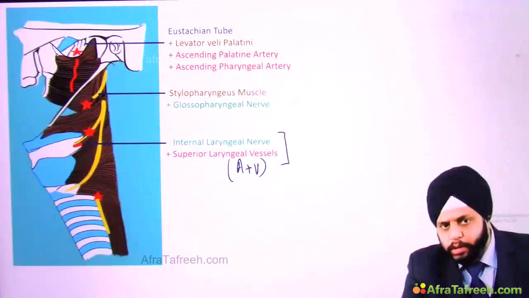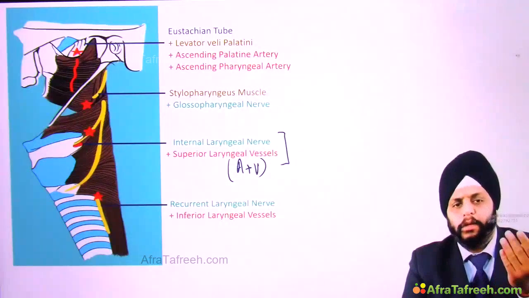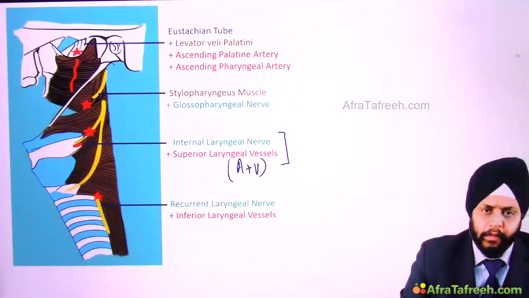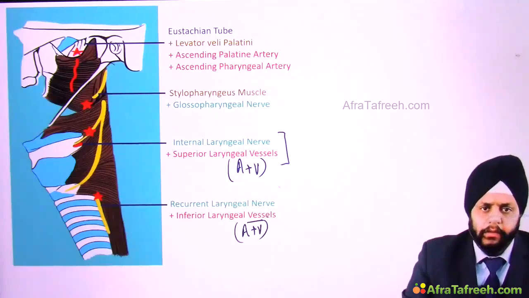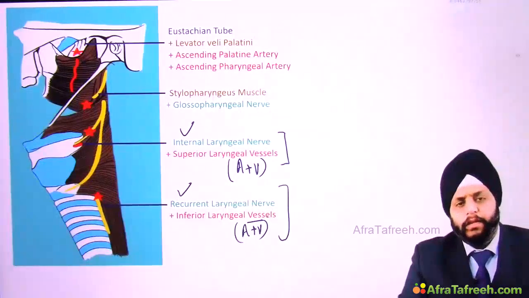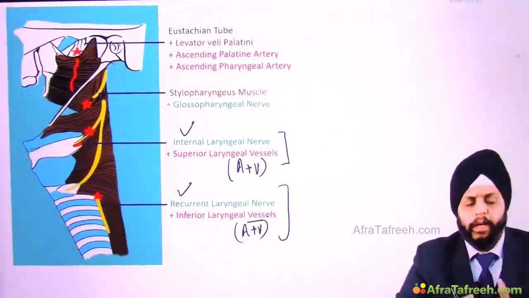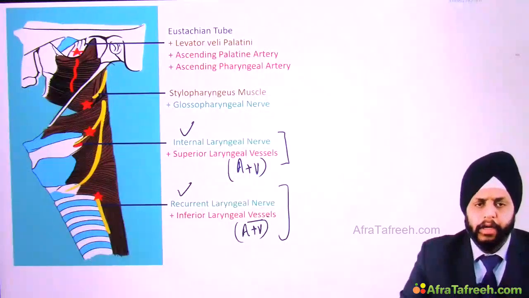And below the inferior constrictor, you can see over here that a structure is coming from below, that is the recurrent laryngeal nerve going along with the inferior laryngeal vessels. Once again, the vessels means artery and vein. Now both these we will study in detail when we study the topic of larynx. But these are the structures that pass through the wall of the pharynx between the different constrictor muscles.